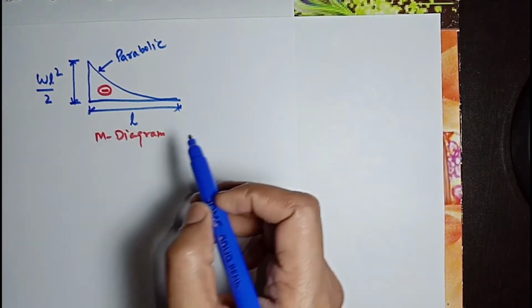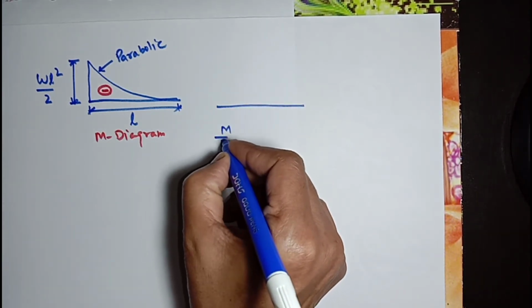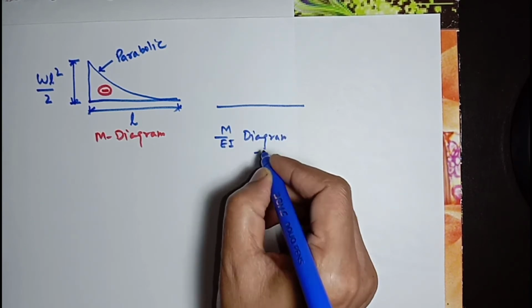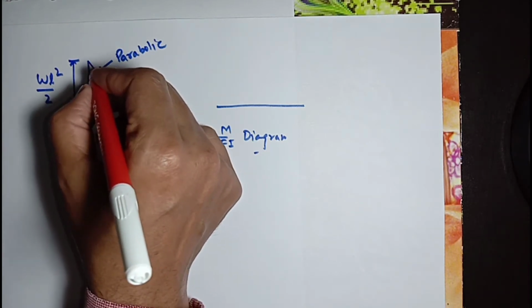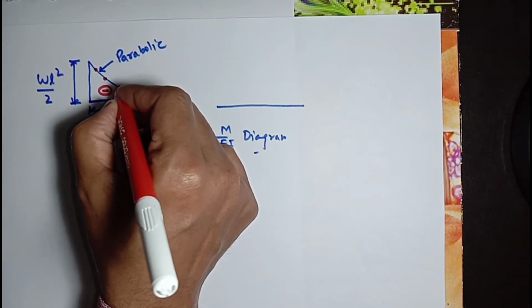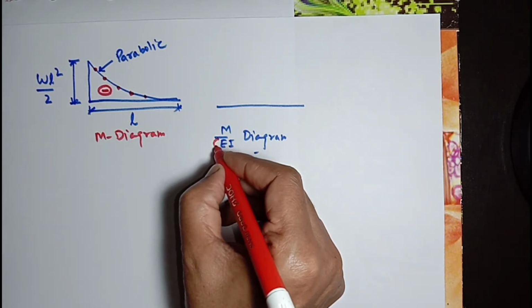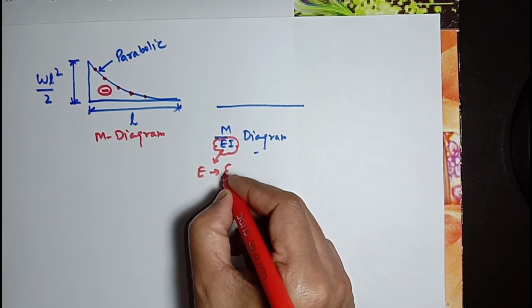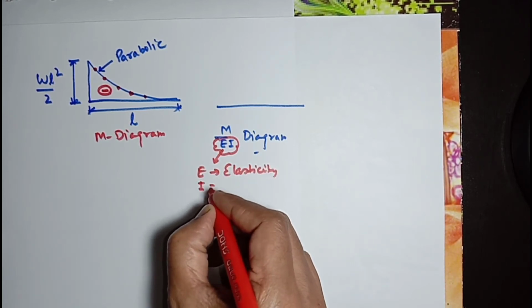The respective M over EI diagram means every y coordinate will be divided by a constant value of EI, because EI is constant. E is elasticity, I is moment of inertia.